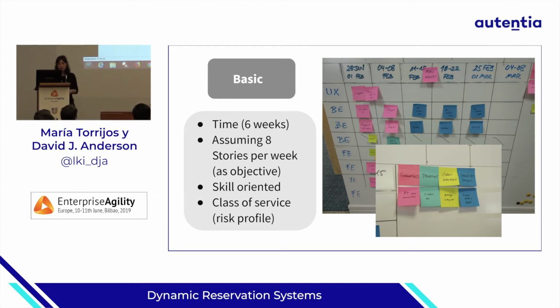Then we had room for iterations, for intangible work as well, and for the standby, the option one, which we defined as the highest risk items. It doesn't mean that if we delayed it, looking at the cost of delay, we were going to lose a lot of money, but it was risky in terms of how much time we needed to invest in the implementation and the uncertainty about the return of the initiative. That's why we consider those as an option.